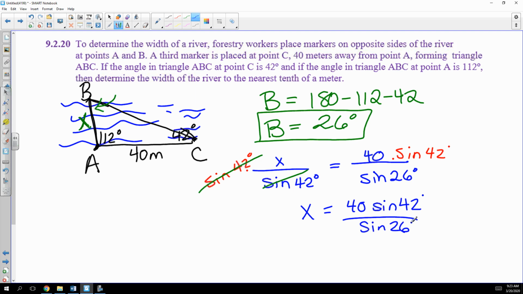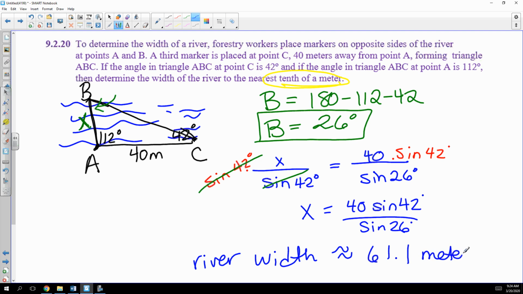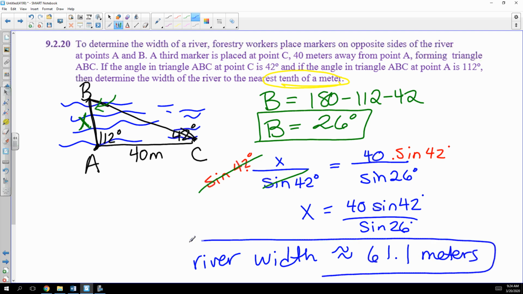And then type that into your calculator and you're going to get the width of the river to be approximately, and I haven't typed it in yet, so 40 sine 42, close the parentheses, divided by sine of 26. The width of the river is approximately, and it says to the nearest tenth of a meter. Don't forget to read your directions, please. So the width of the river is approximately 61.1 meters. And that's the end of it.